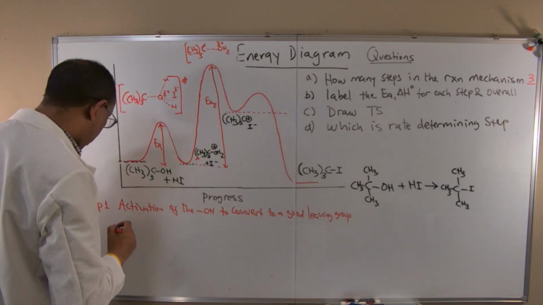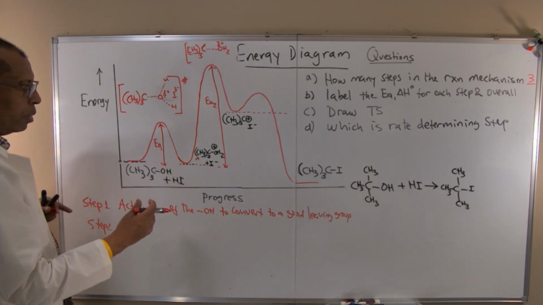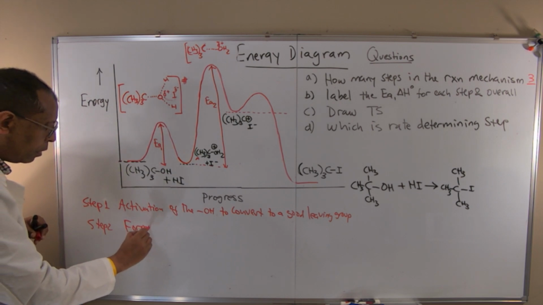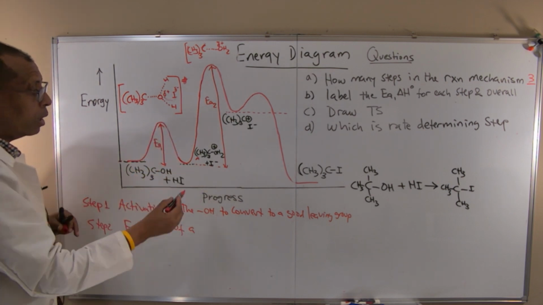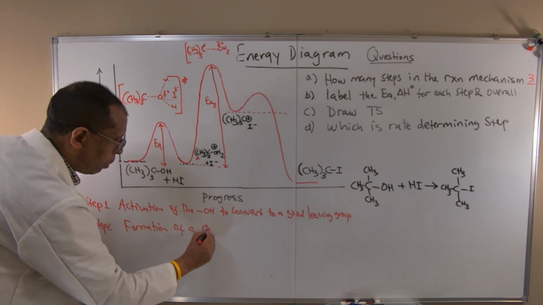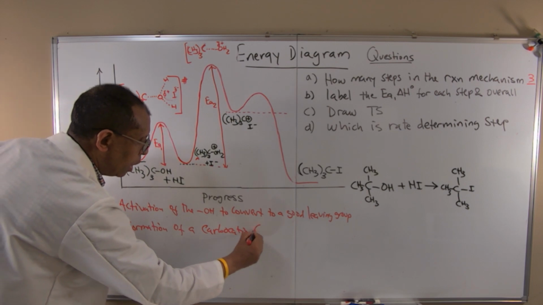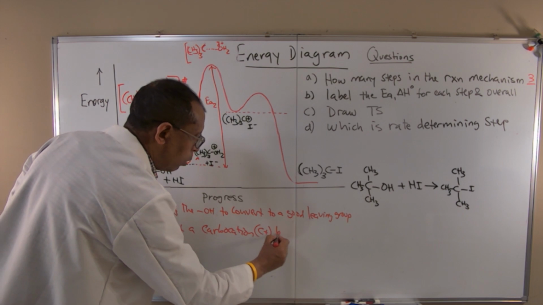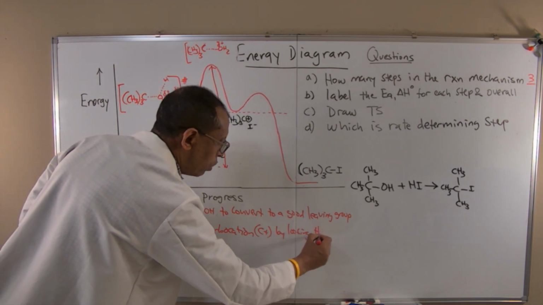So the second step is formation of a carbocation transition state, meaning C plus, very reactive, by losing a neutral molecule, which is H2O.